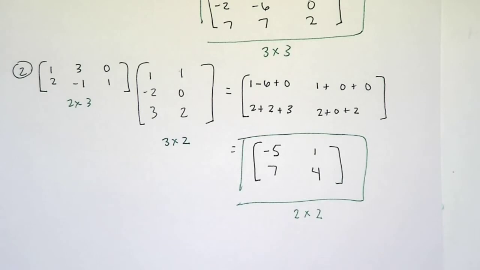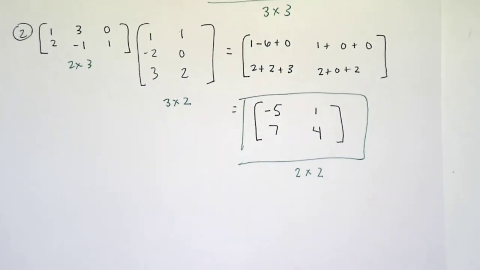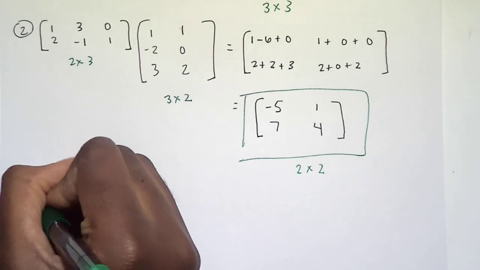So notice multiplying the same two matrices in different orders will not give you the same answer. Also, it may not even exist to do it the other way. So I'm going to leave a little note here.